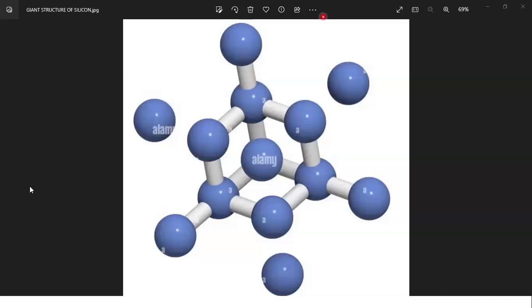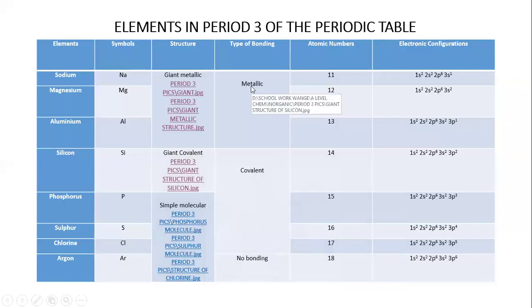All right, let us continue and see phosphorus, sulfur, and chlorine. Phosphorus, sulfur, and chlorine are nonmetals. And these nonmetals are funny in such a way that they first form molecules.